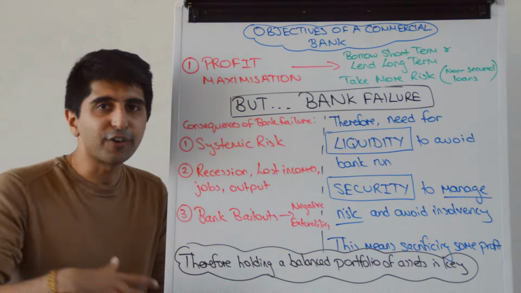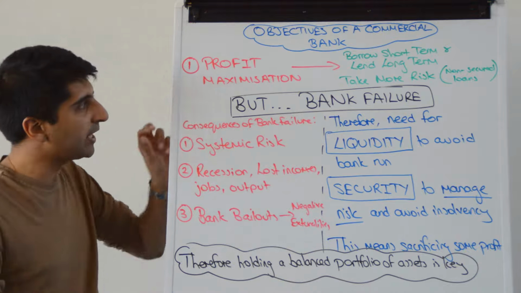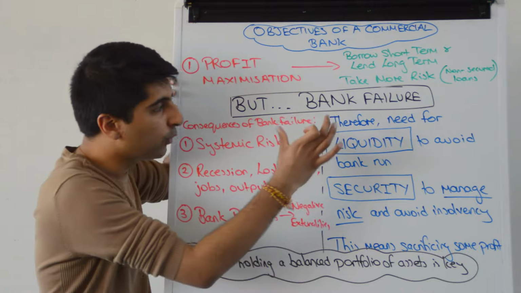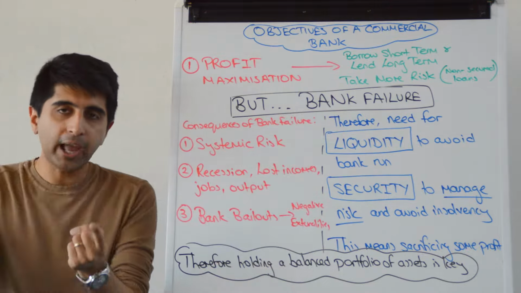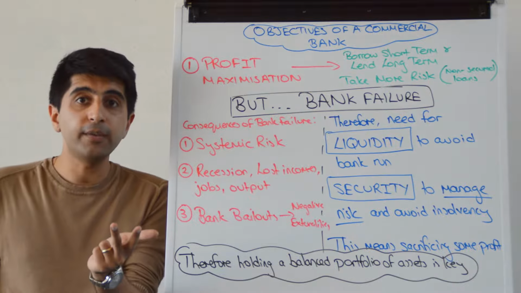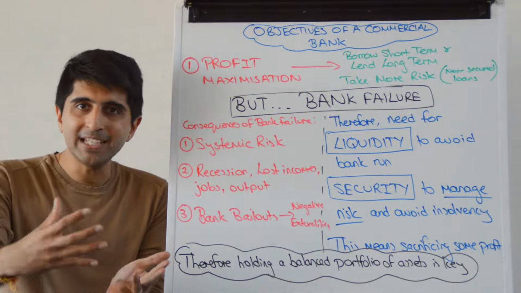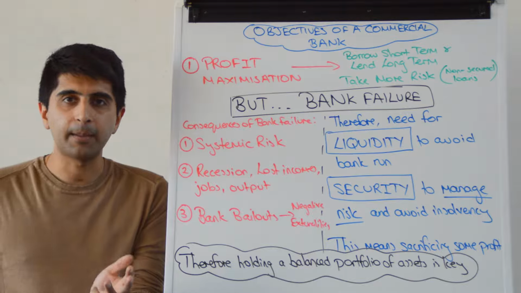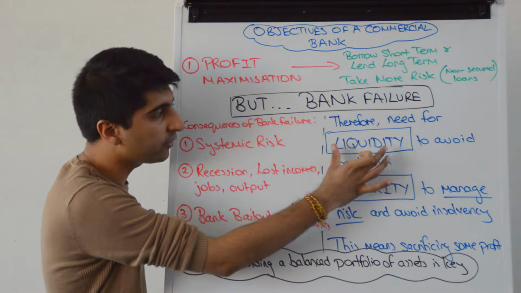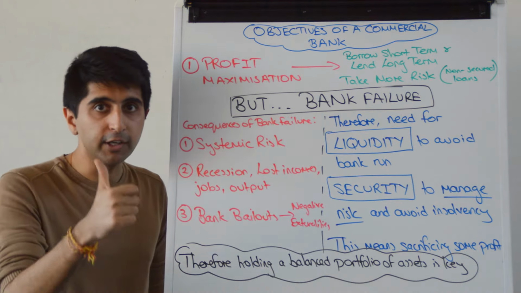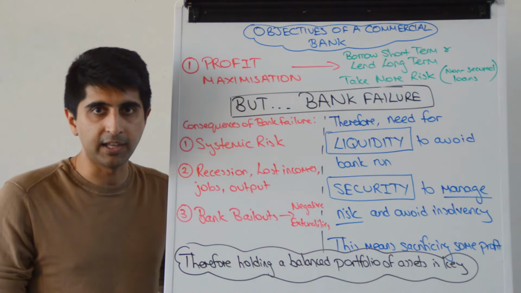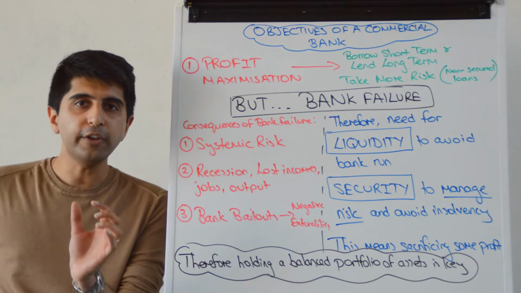So that means for a commercial bank, they've got to balance their objective of profit maximization with liquidity. Holding more cash, for example, holding more reserves at the Bank of England, lending more in the interbank market, for example. Now those things will ensure there is liquidity to avoid a bank run, great, to prevent the risk of bank failure, fine, but they are not as profitable.